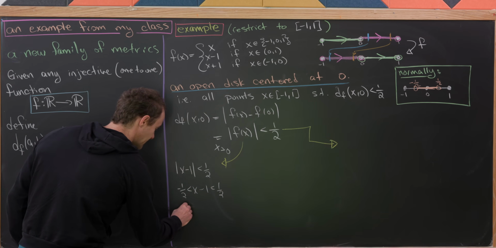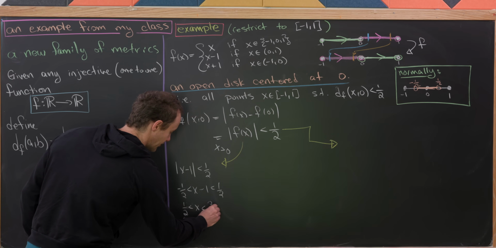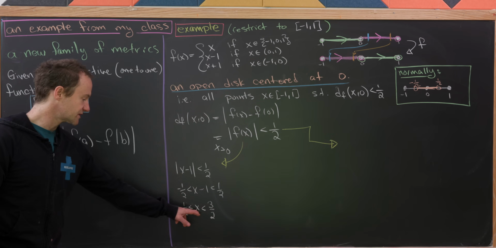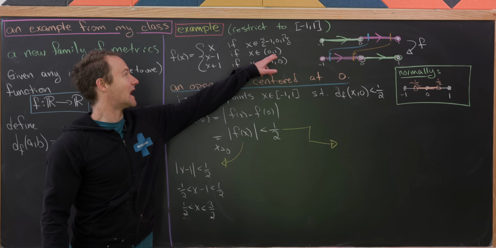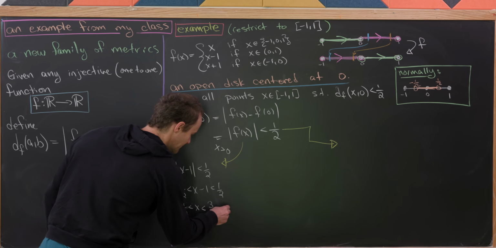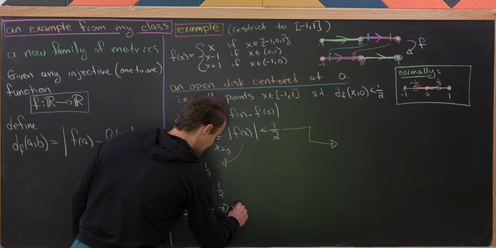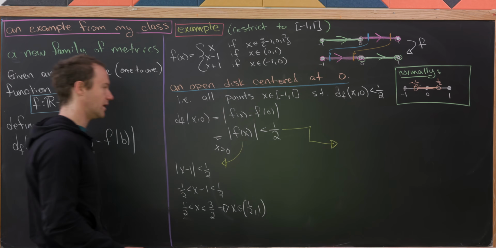That'll give us 1/2 is less than x, which is less than 3/2. So it looks like x is between 1/2 and 3/2. Notice that x cannot get bigger than 1, so we have to cap it off at that. So for this setup, we have x between 1/2 and 1.